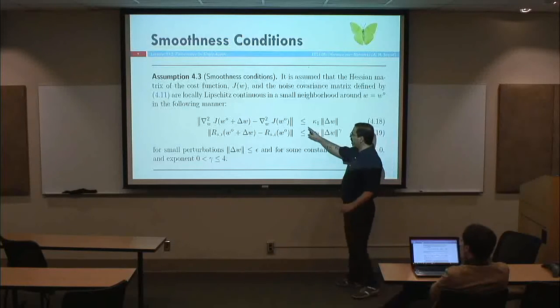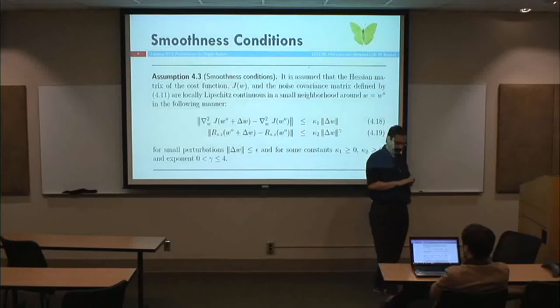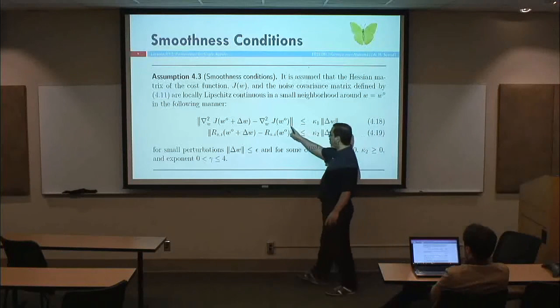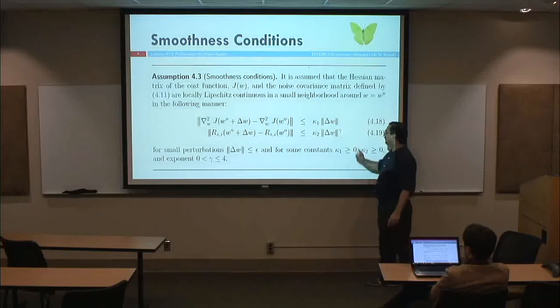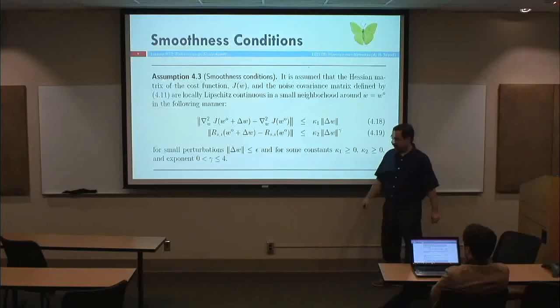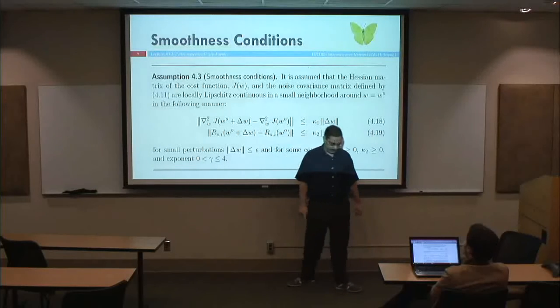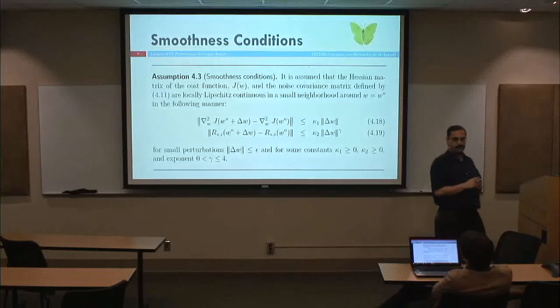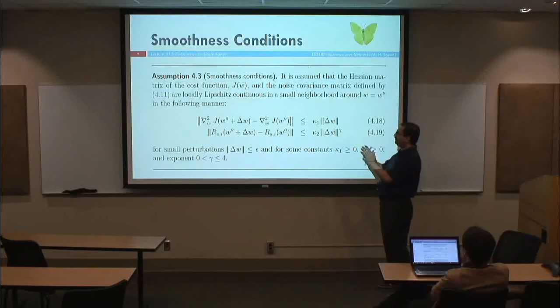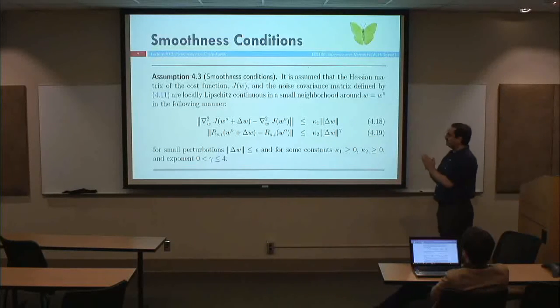So first, I assumed, in addition to the conditions we introduced on the Hessian, that it's bounded from below and from above, I introduced the Lipschitz condition on the Hessian matrix. So let's assume that the Hessian matrix of the cost function satisfies the first Lipschitz condition that you see here on the slide. There is some constant, and delta w is the size of the step that you take. So this amounts to saying that the Hessian matrix is smooth enough around the optimal solution. For example, we showed last time that for quadratic risks, for logistic regression risks, these conditions are automatically satisfied.